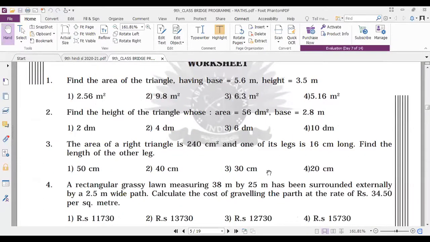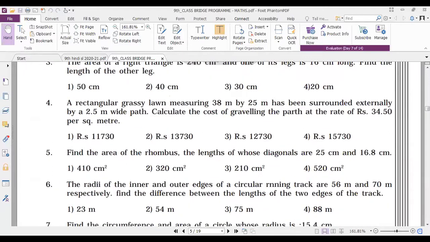Next, in the fifth question, find the area of the rhombus whose diagonals are 25 centimeters and 16.8 centimeters.